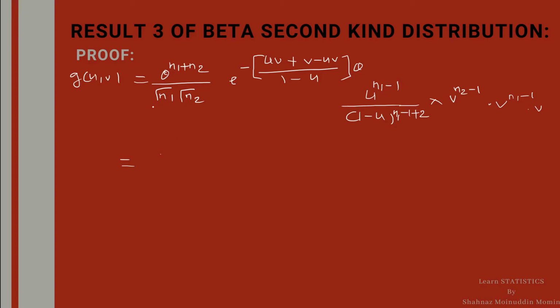this constant is as it is, e raised to minus uv cancel, so it is e raised to minus v theta by 1 minus u, u raised to n1 minus 1 upon 1 minus u raised to n2 plus n1 minus 1.